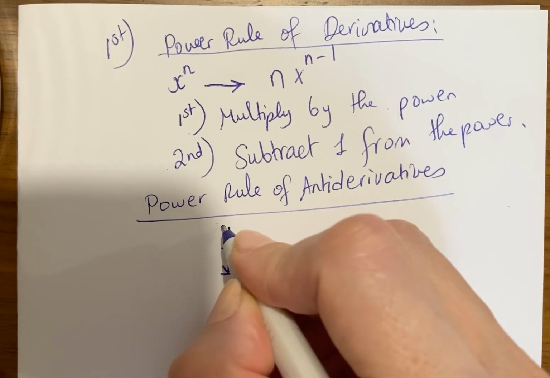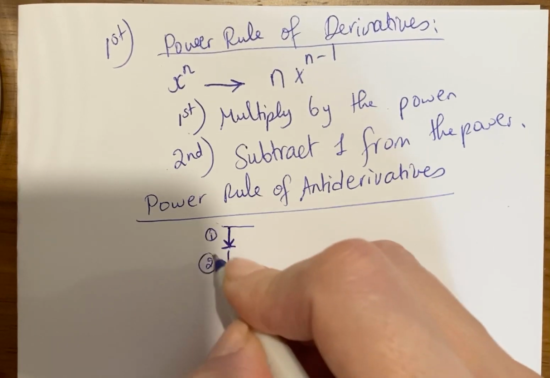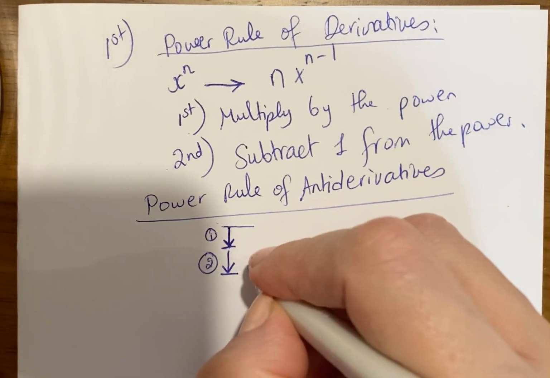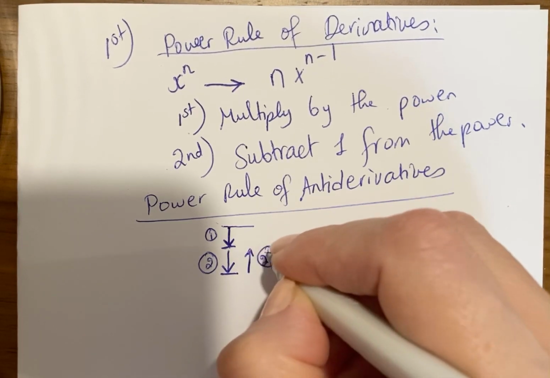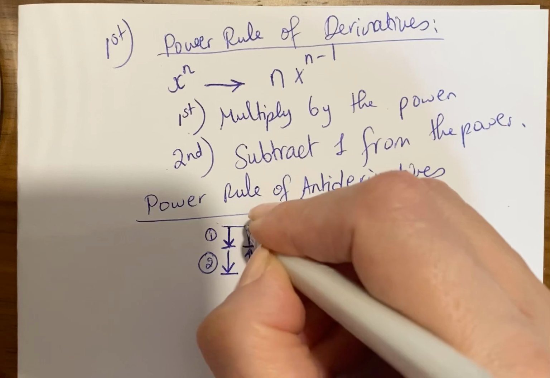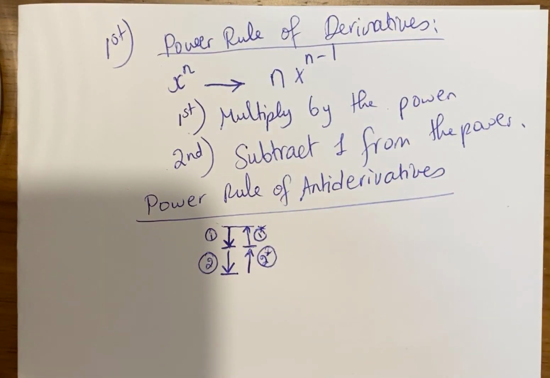How do you go back to your original place? This is step number 1, this is step number 2. What do you have to undo first? You have to undo step number 2, and then you undo step number 1 in order to go back to the original place. That's the way we think about it.